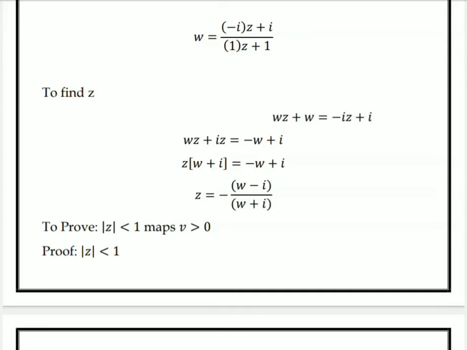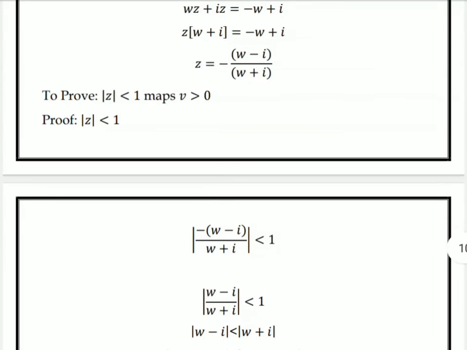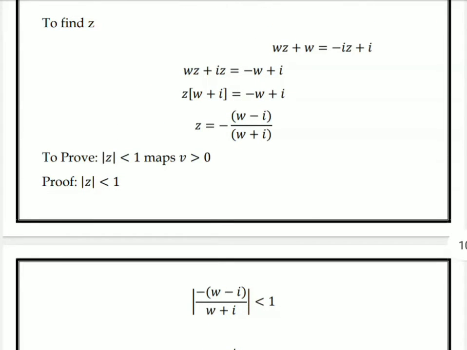To prove the modulus of Z is less than 1 maps V greater than 0, where V is the axis of the W plane. So already you know the form W equals U plus IV. We want to find that the unit circle maps into the upper half of the W plane. That is what we are proving here: prove the modulus of Z is less than 1.